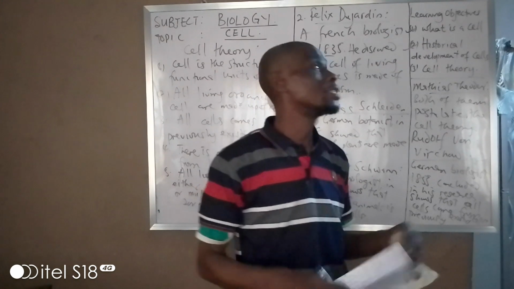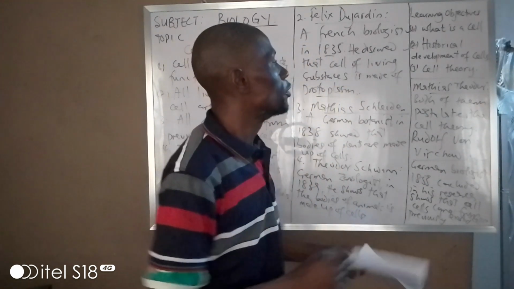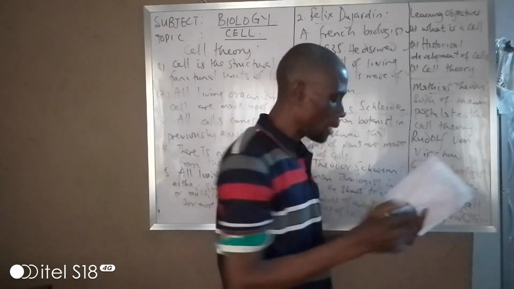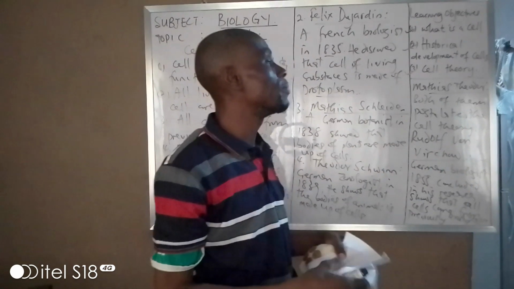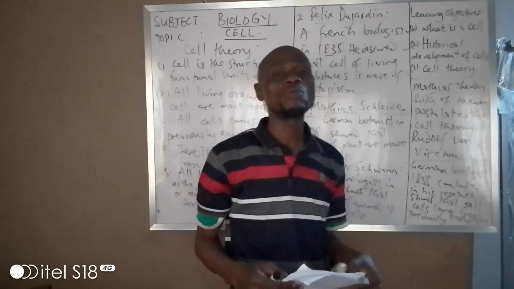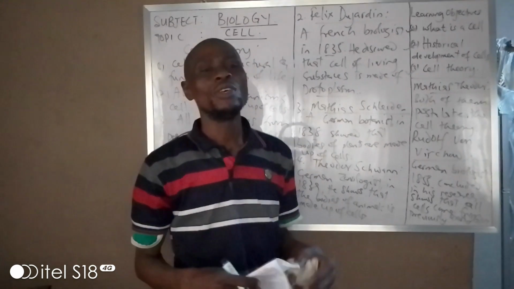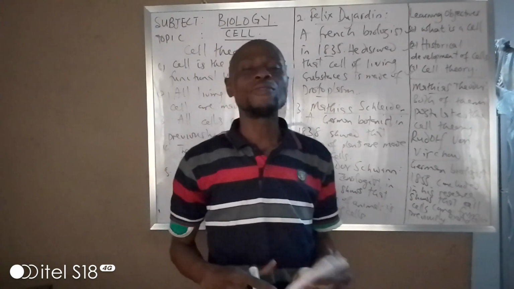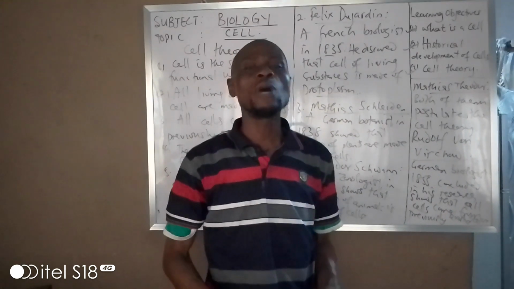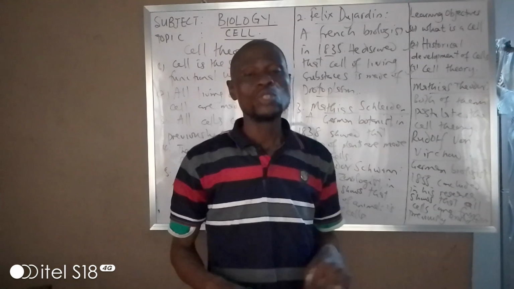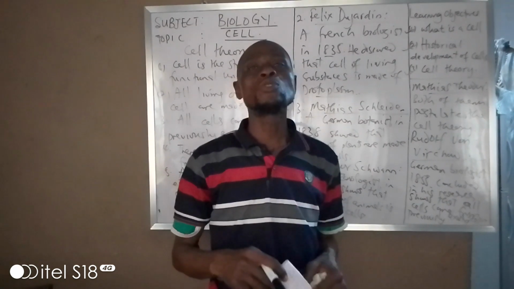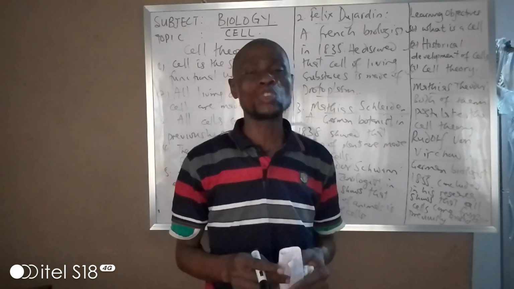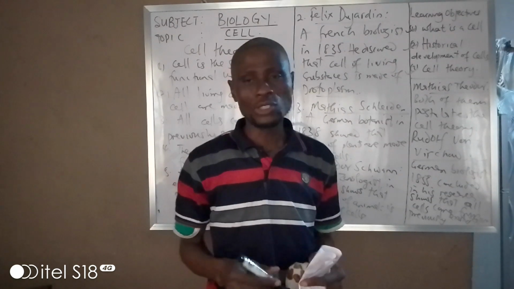So we are able to achieve all our learning objectives. We've talked about what a cell is. To recap, we have talked about the historical development of the cell. We have now looked at the cell theory. So this is where we are going to stop today. In the next class, we are going to look at another very interesting topic under the same biology.